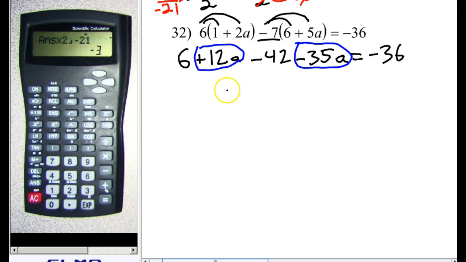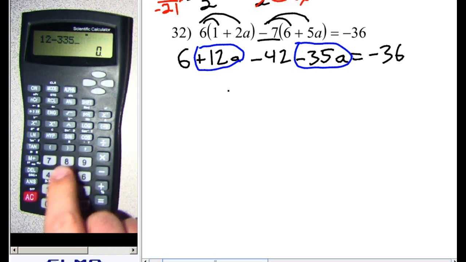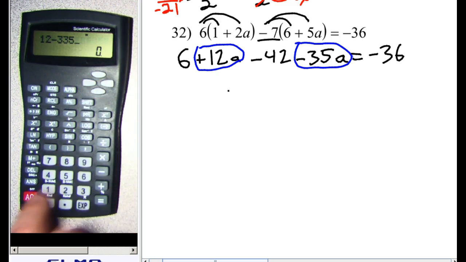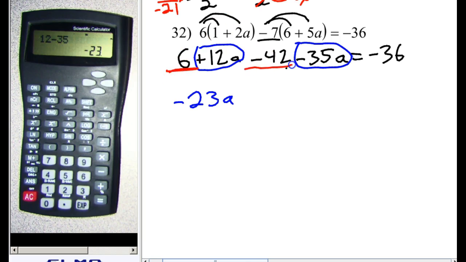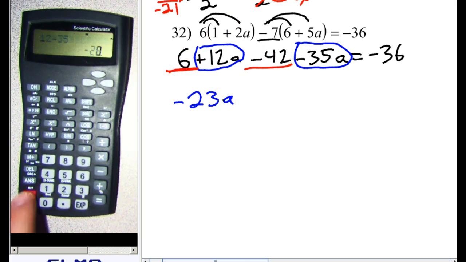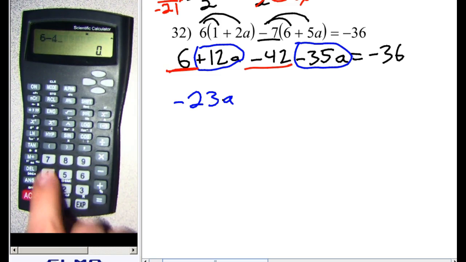So 12 minus 35. Still have a calculator, so if you're not sure, let's go back, delete 35. And negative 23. Negative 23a. We have positive 6 and negative 42. 6 minus 42, negative 36.